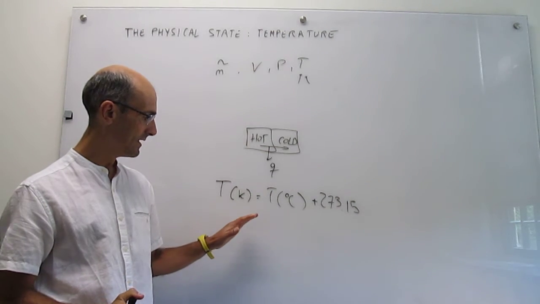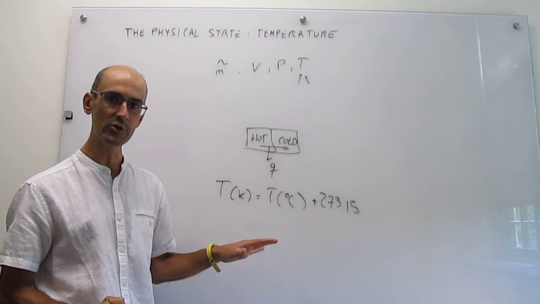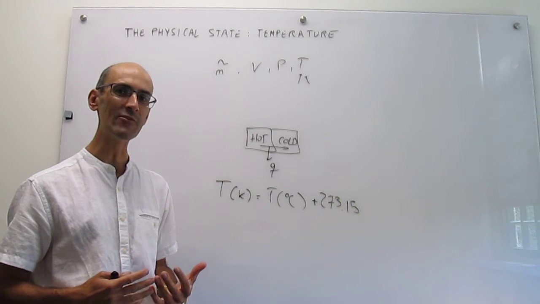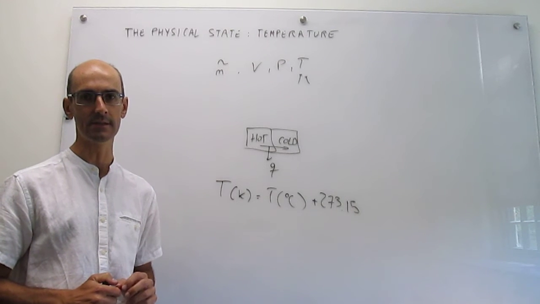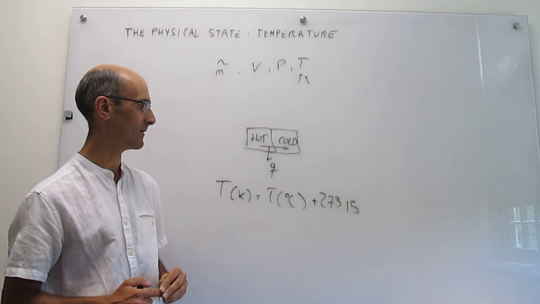Now notice that the temperature scales, Kelvin and Celsius, are not directly proportional to each other. Instead, they're simply offset, and that offset happens to be this 273.15 value that you have right there.